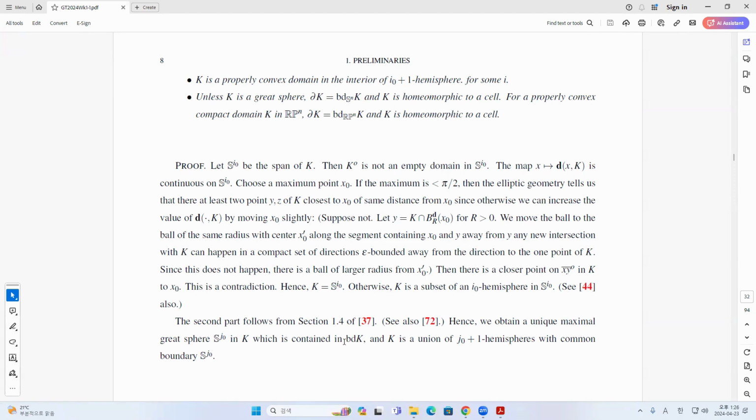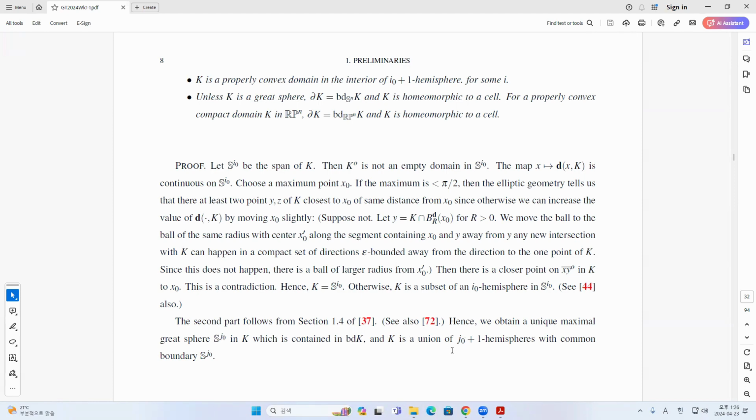And the second part is in some other papers, and I will not do that much. But anyway, you find some maximal great sphere contained in K, which must be contained in the boundary, and then you can show that it's a union of j plus one dimensional hemispheres with common boundary. So you can always parameterize.